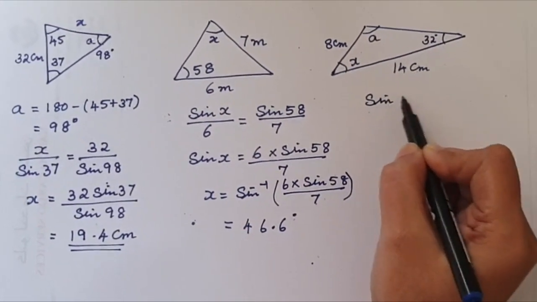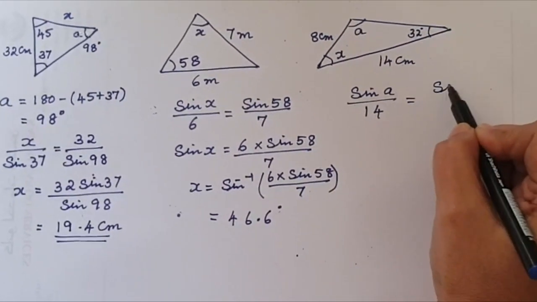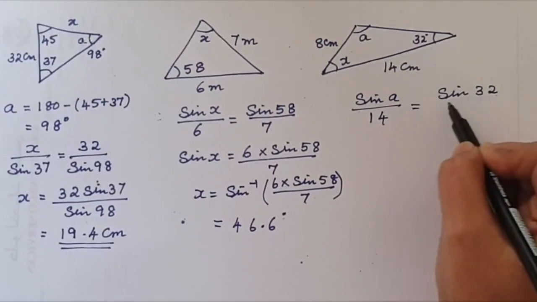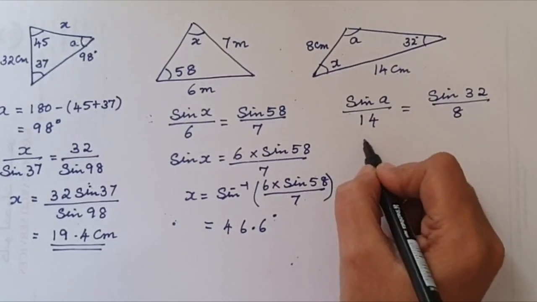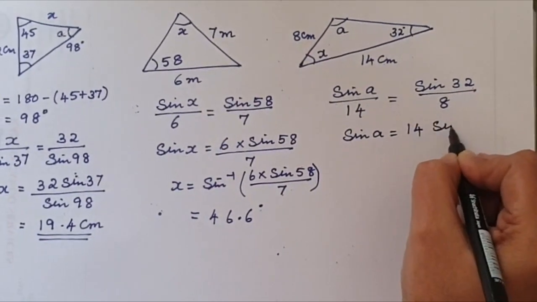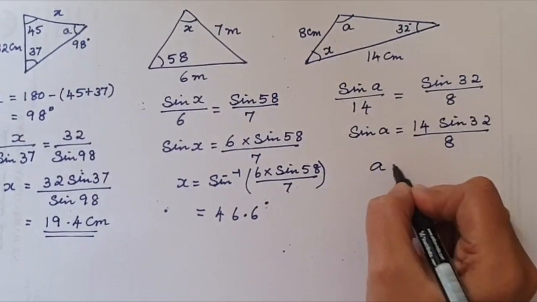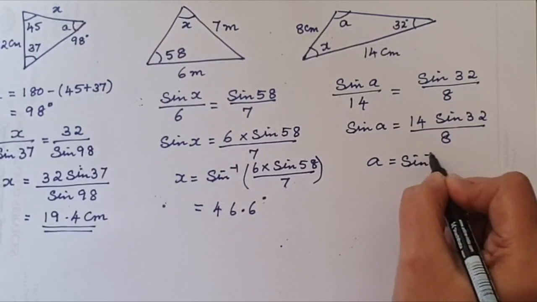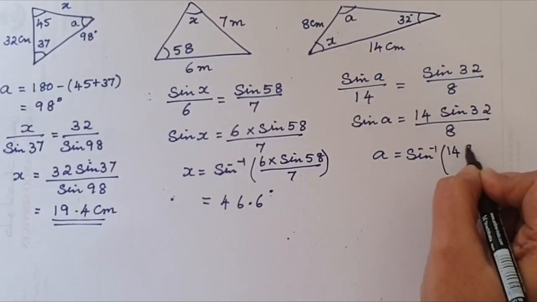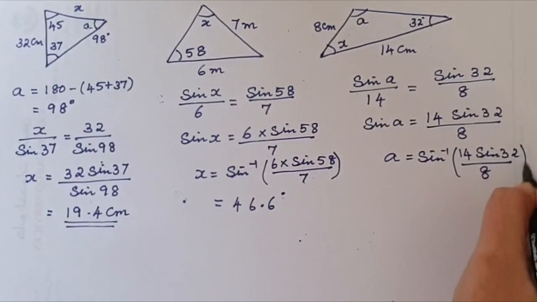Sin A over 14 will be equal to sin 32 over 8. So sin A will be equal to 14 sin 32 over 8. A will be equal to sin inverse of 14 sin 32 over 8.